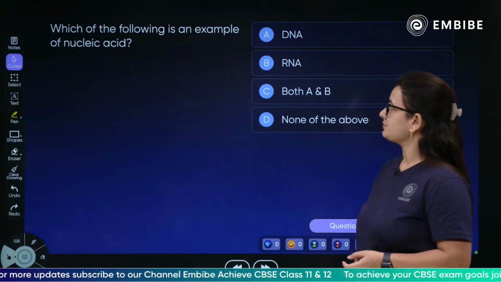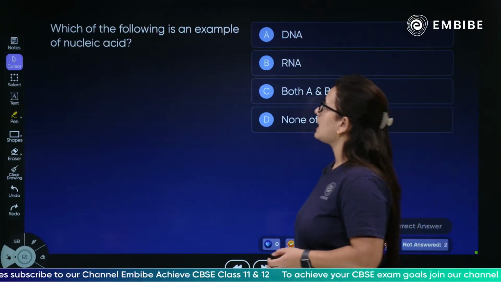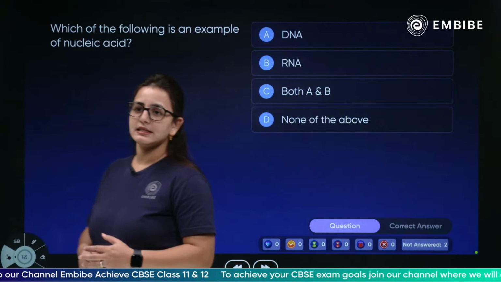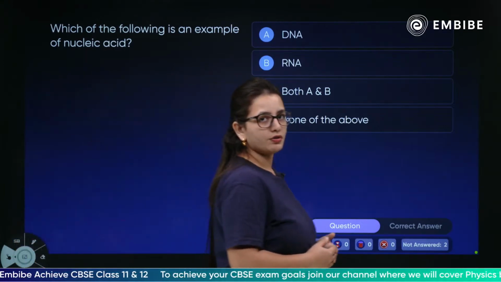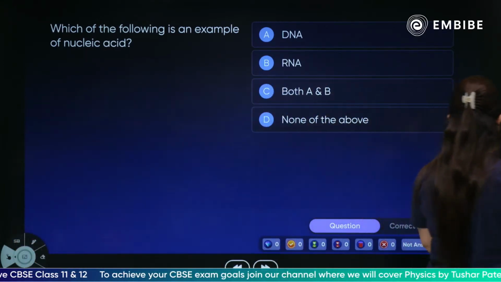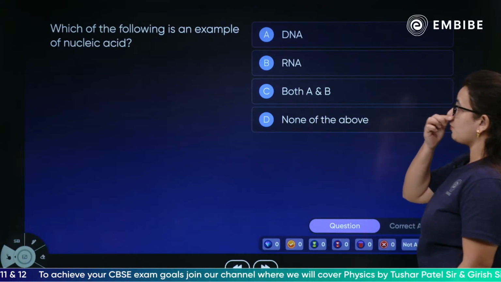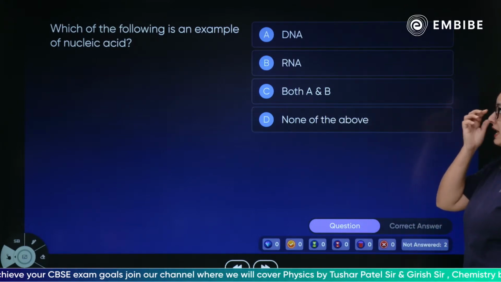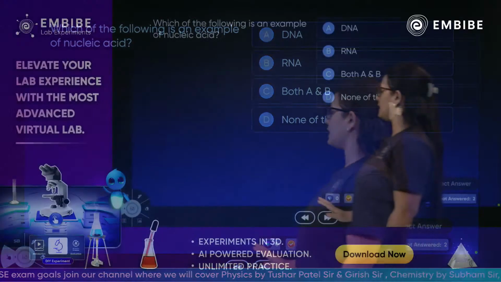Next question. Which of the following is an example of nucleic acid? What do you think is an example of a nucleic acid among them? DNA, RNA, both A and B, none of the above.